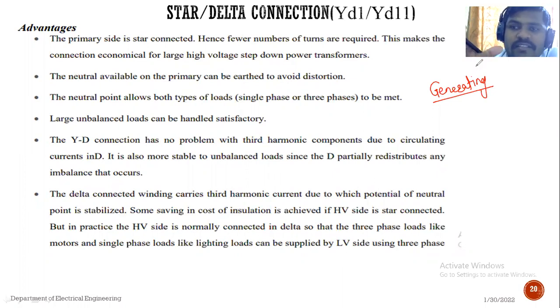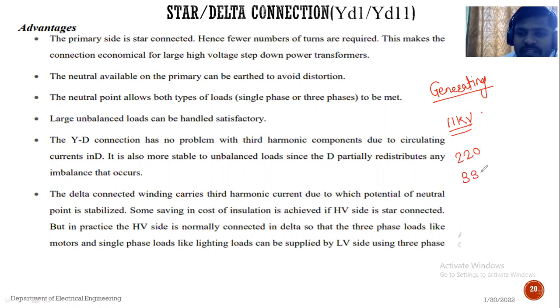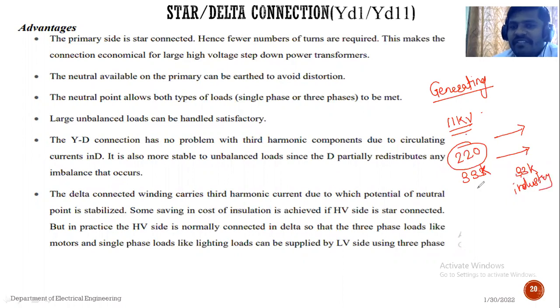For the power transformer we are using for step down purpose, suppose one generating station is there at 11 kV. I want to convert 11 kV into 220 kV, or it may be 33 kV. Somewhat it is transmitted through some line. After transmission I want to distribute this at 33 kV to some industries, so I have to supply a 33 kV line. So one step down transformer is required, going from high voltage to low voltage.